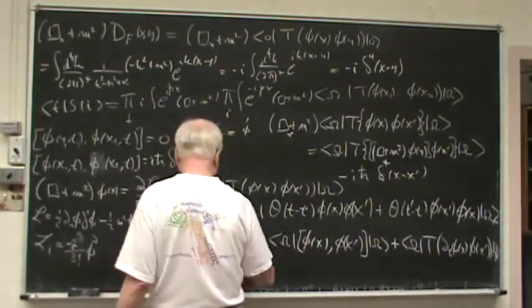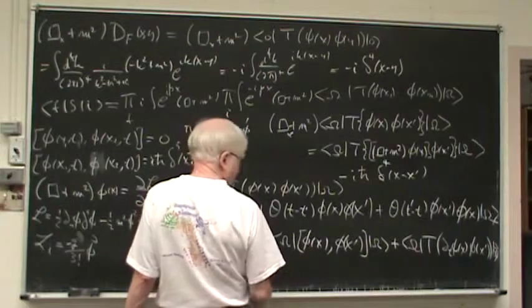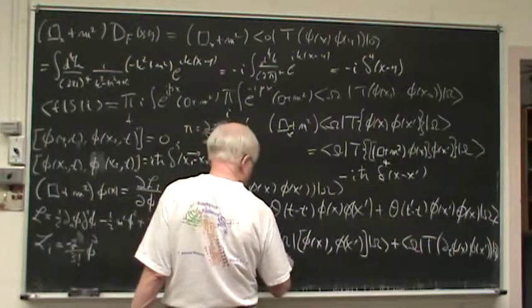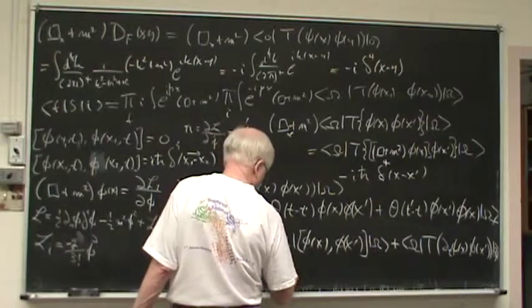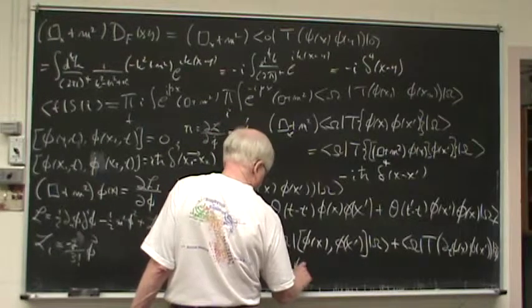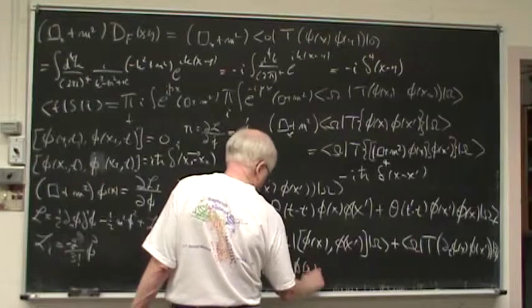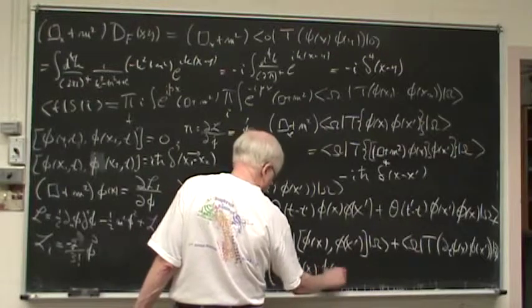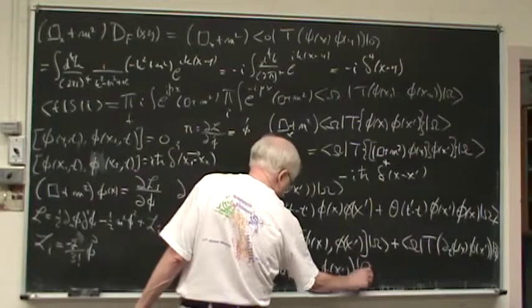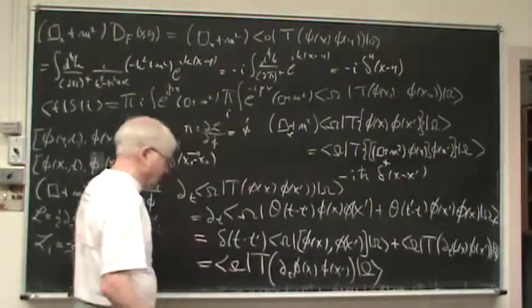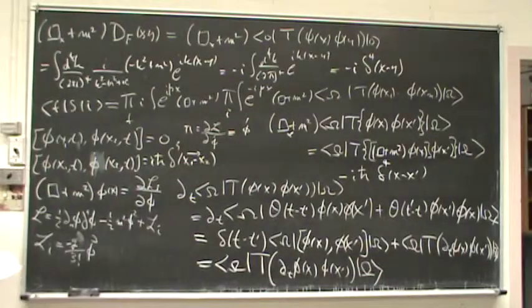And so, as I said before, there's no problem in taking one time derivative through the time-ordered product. So that's what it looks like. Okay. But now when we try to take the second one through, we get a problem.